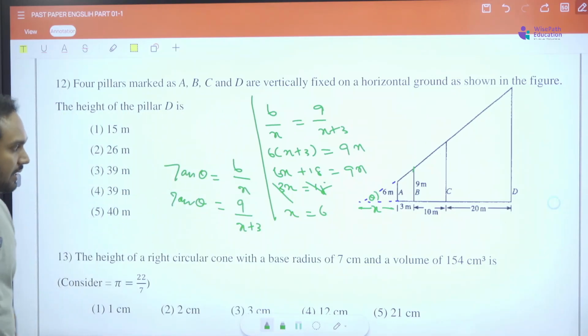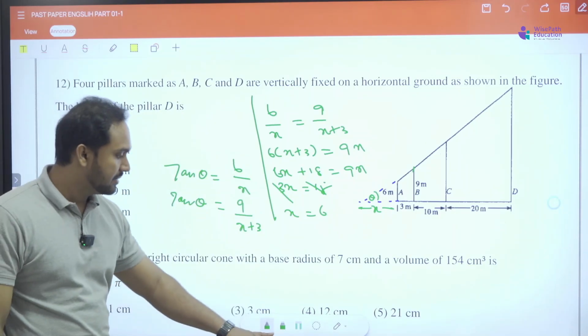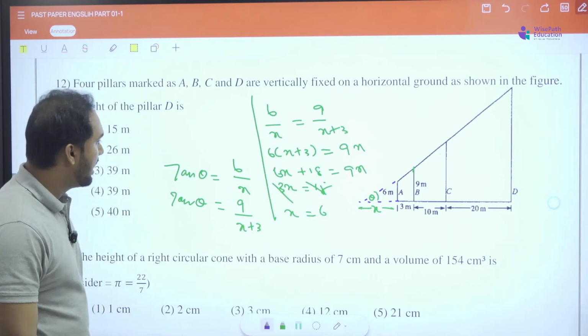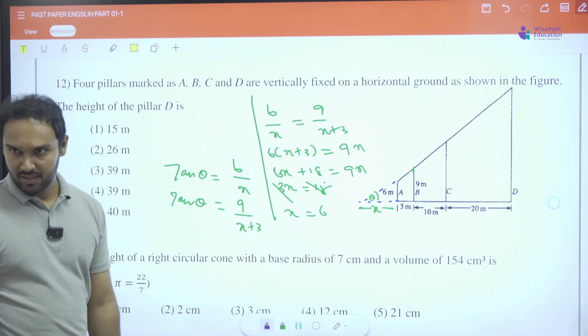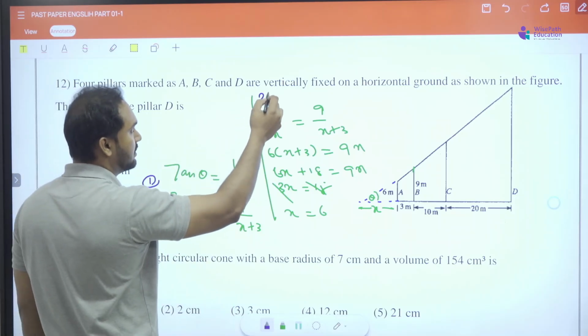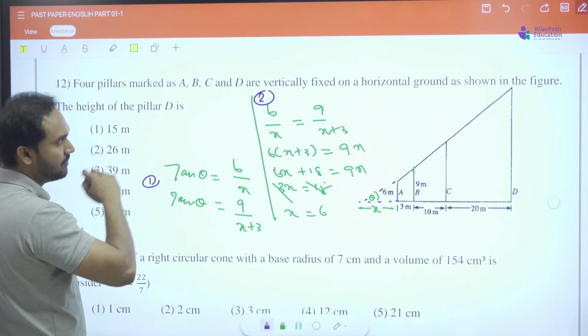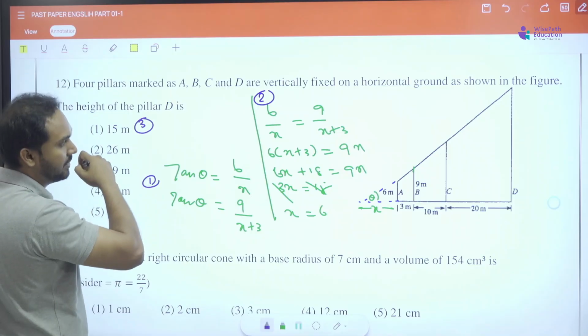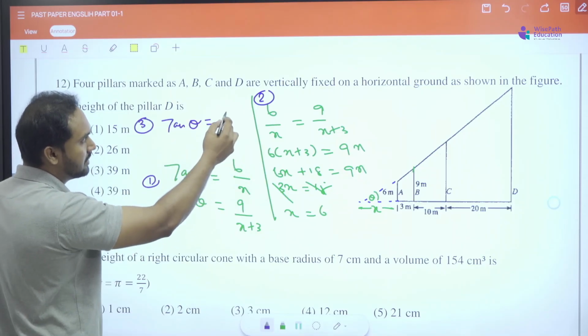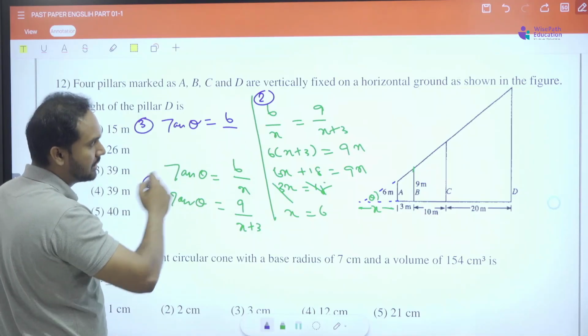Now you have x, so you can find a value for tan theta. This was the first step, second step, third step, finding the value for tan theta. Now tan theta equals what? 6 over 6.